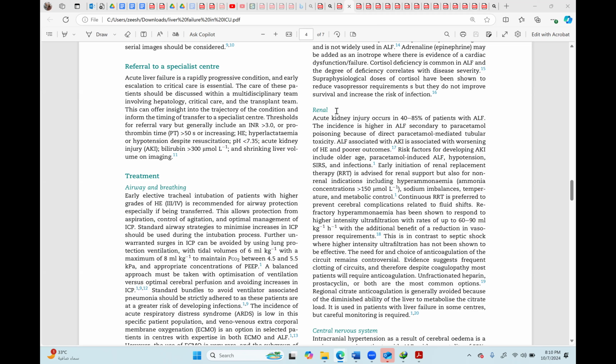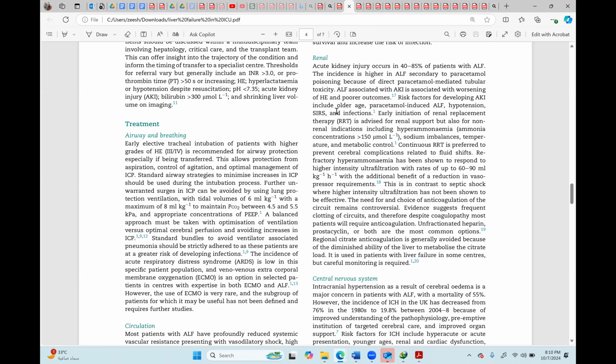Refractory hyperammonemia is shown to respond to higher intensity ultrafiltration with rates up to 60 to 90 ml. This is a specific main issue, but we will discuss this renal replacement therapy dialysis separately, inshallah.